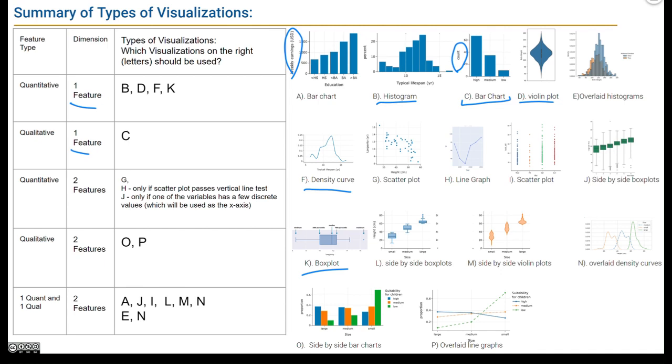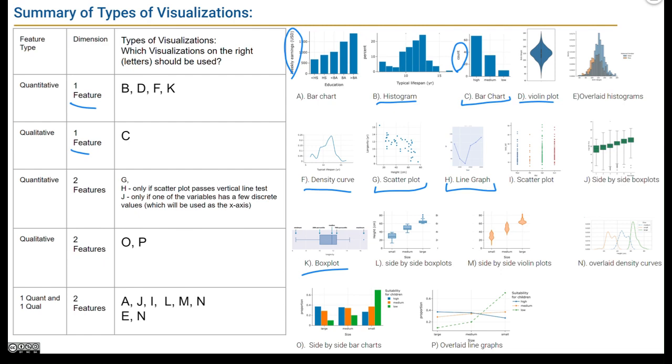Now, if we have two quantitative, typically we'll start with a scatterplot. And then if we realize that we have a functional relationship, so if there's some variable where each input only has one output, then we can plot that as the independent variable and connect the points with a line graph.